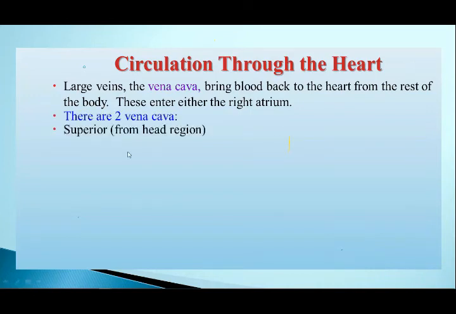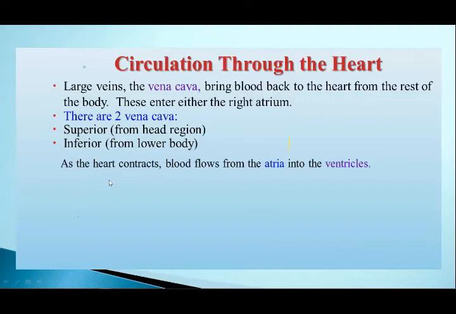In fact, the two vena cavas we have also discussed: the superior vena cava, which brings blood from the region above the heart, and the inferior vena cava from the region below the heart. Now, as the heart contracts, what is going to happen? See, the heart can contract and remain relaxed, right? So as the heart contracts, blood flows from the atria into the ventricles.